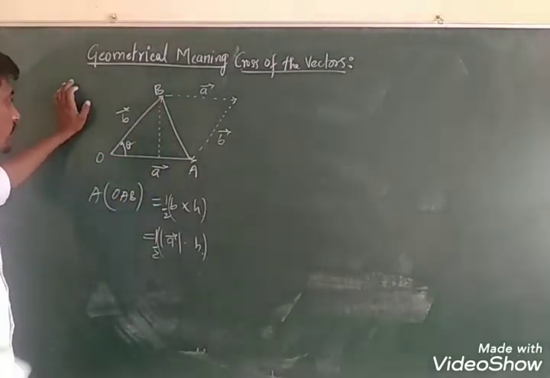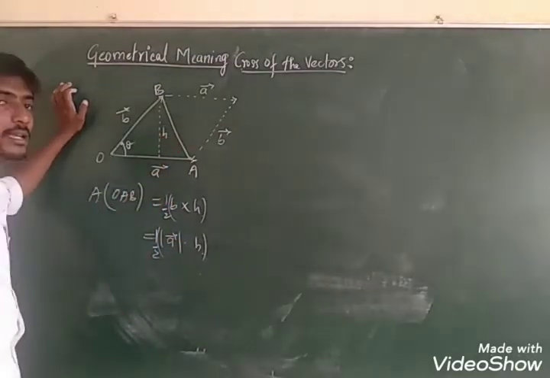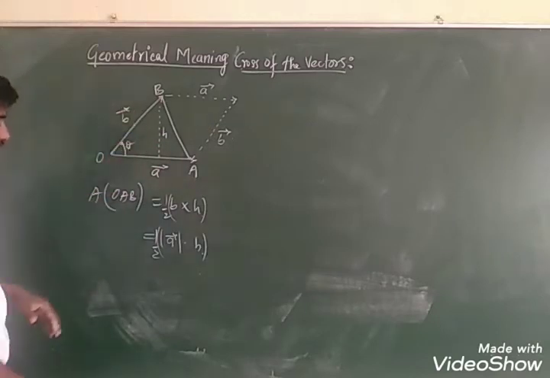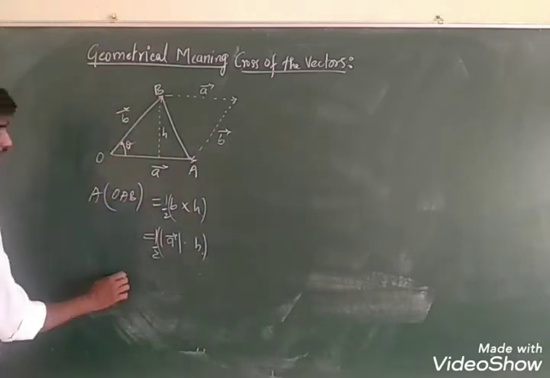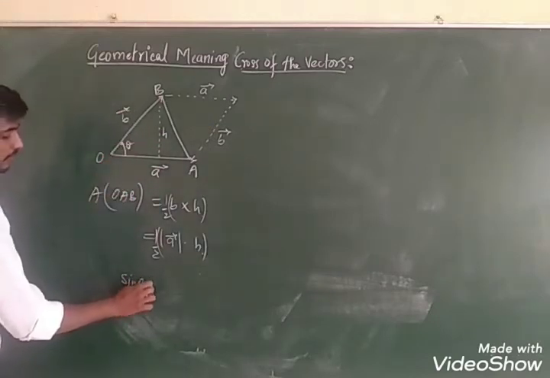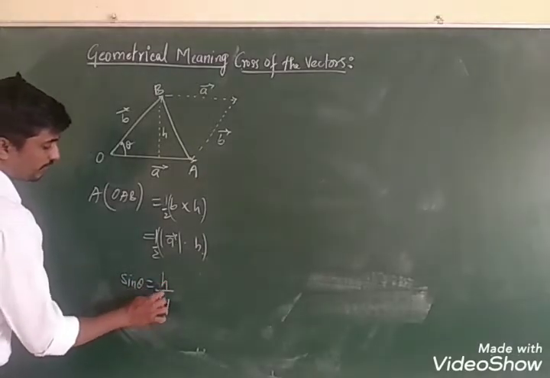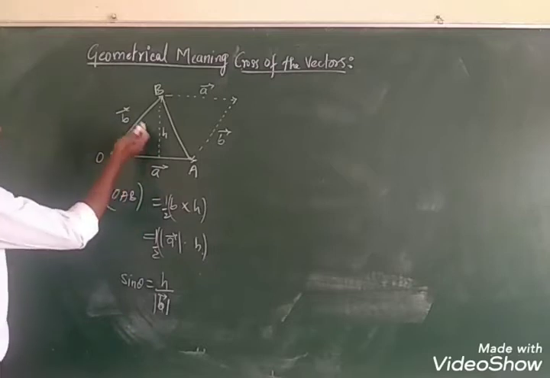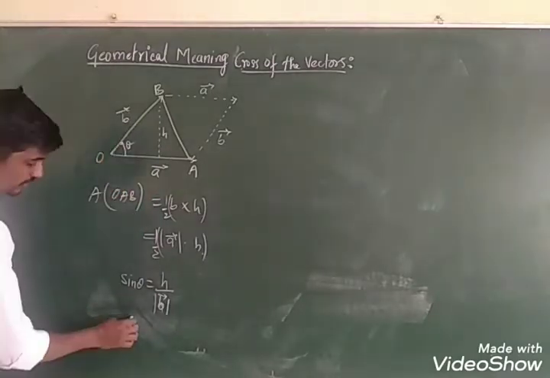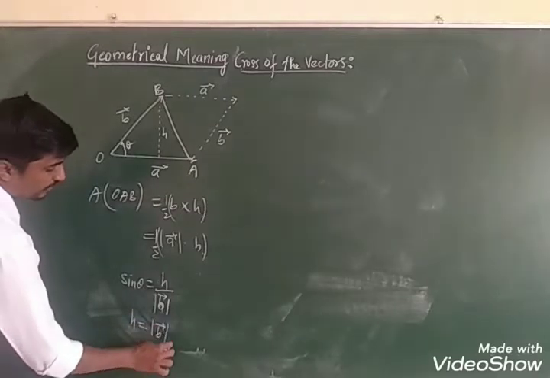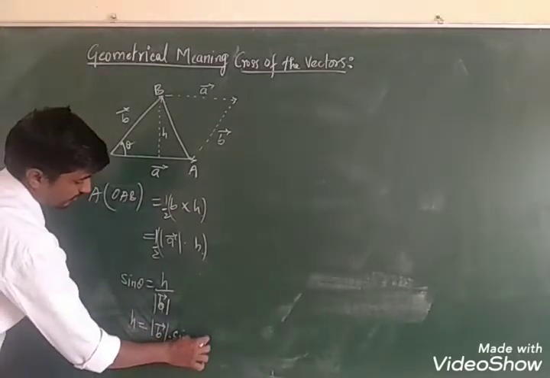If I define sin theta, then sin theta is h divided by the magnitude of vector B. So h is equal to the magnitude of B times sin theta.